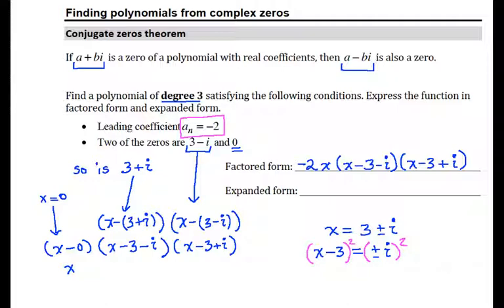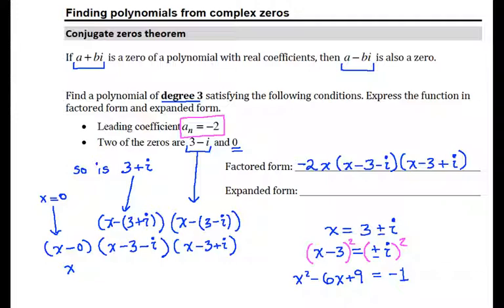It doesn't matter whether I started with a positive or a negative before squaring. It's going to become, well, in this case, -1. So the left-hand side becomes x squared minus 6x plus 9. And the right-hand side becomes -1 because i squared is -1 and minus i squared is -1.